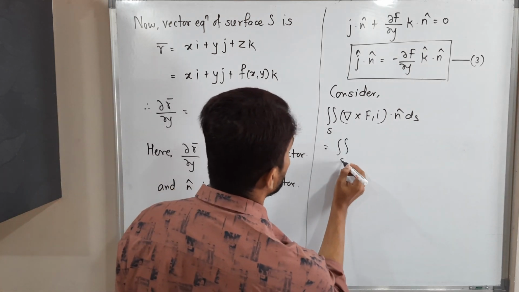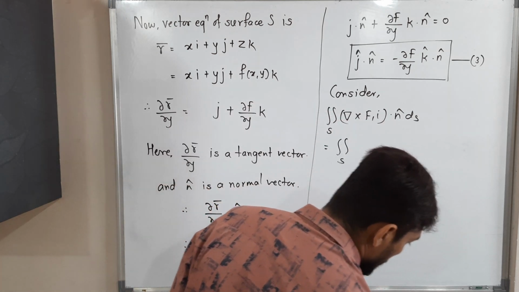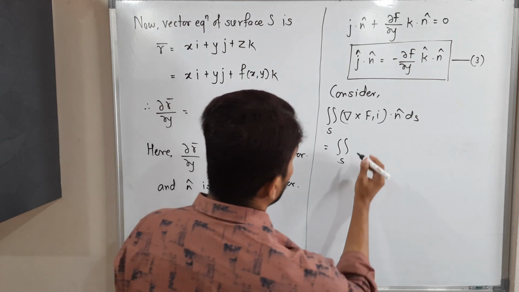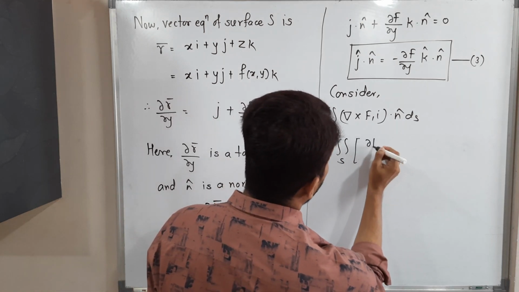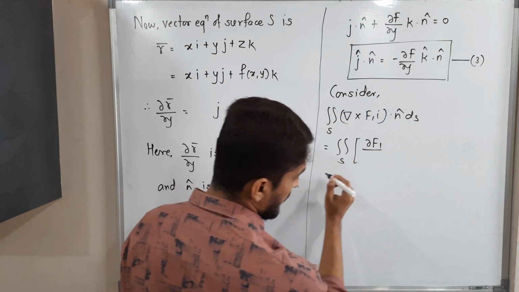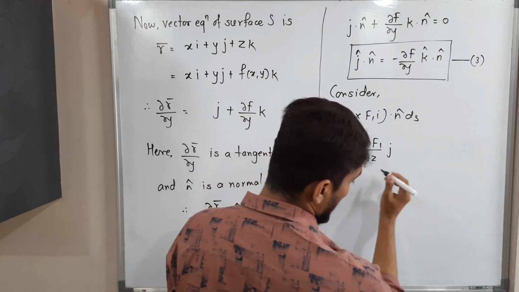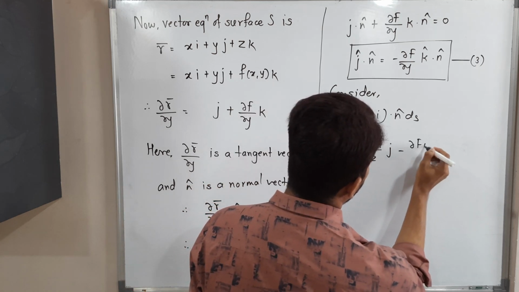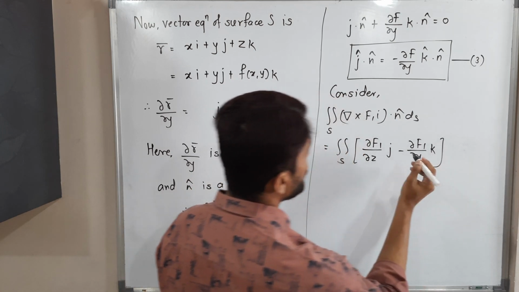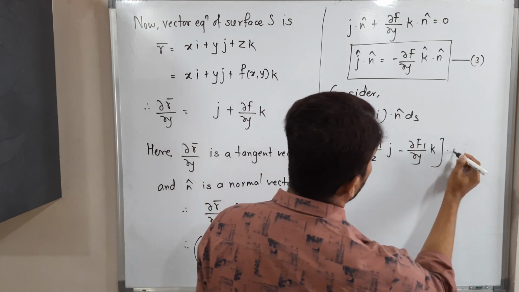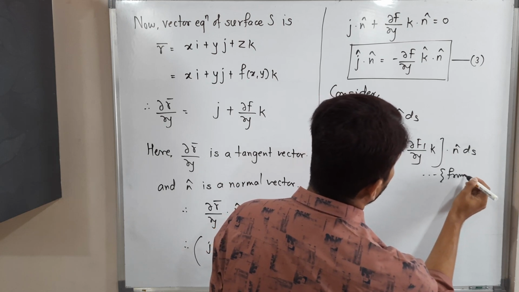That value we have already got in equation 1, that is ∂f1/∂z j minus ∂f1/∂y k. So in equation number 1 we have already got its value, dot n cap dS, let me mention from 1.